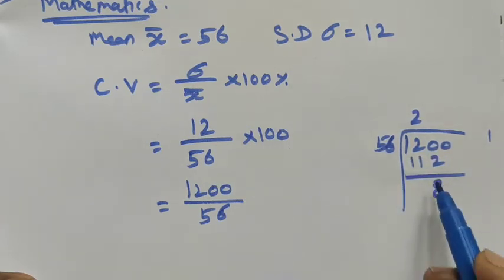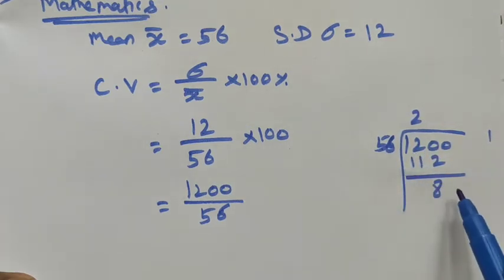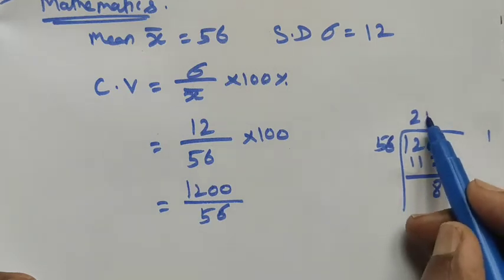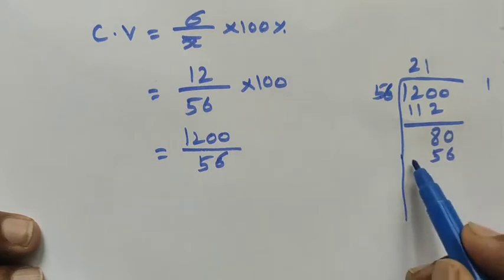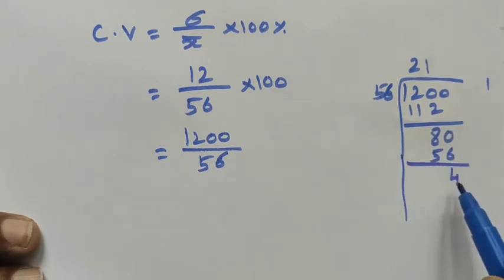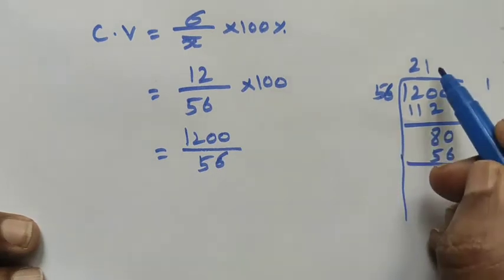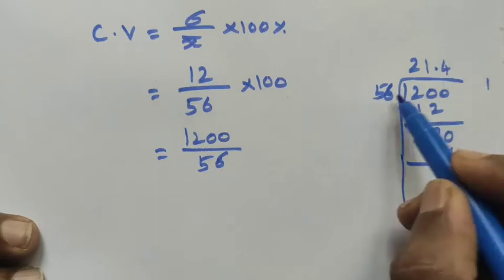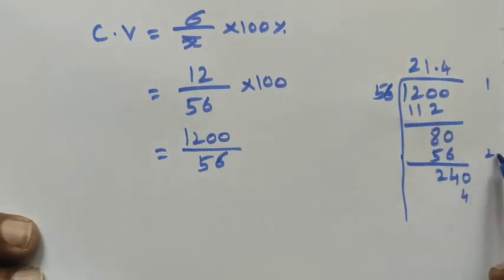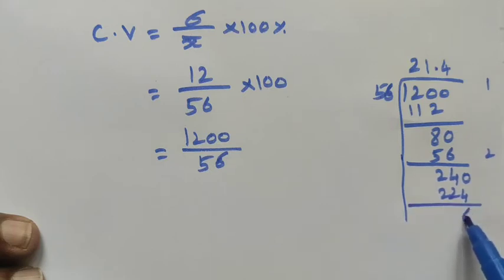So we get 8. 120 minus 112 is 8, and then 80. 80 we have only one time, that is 56. Then we subtract, we get 24, and then put point, add on 0. Here 4 times is possible, 4 6s are 24, 4 remainder 2, 4 5s are 20 plus 2 is 22.